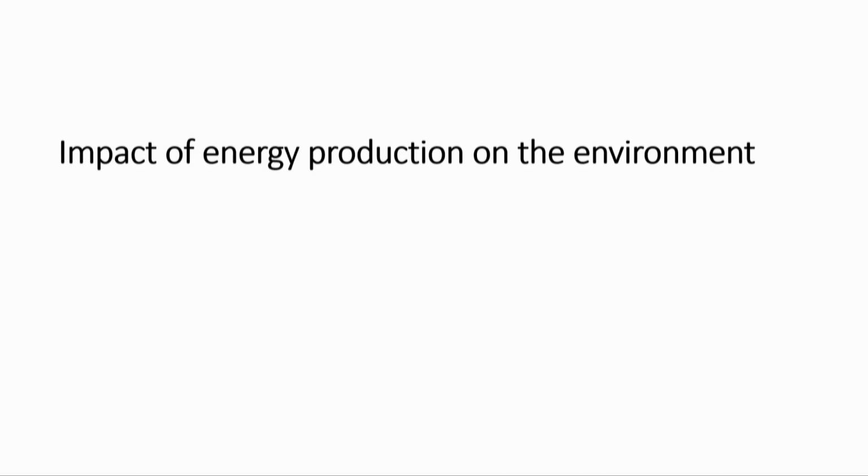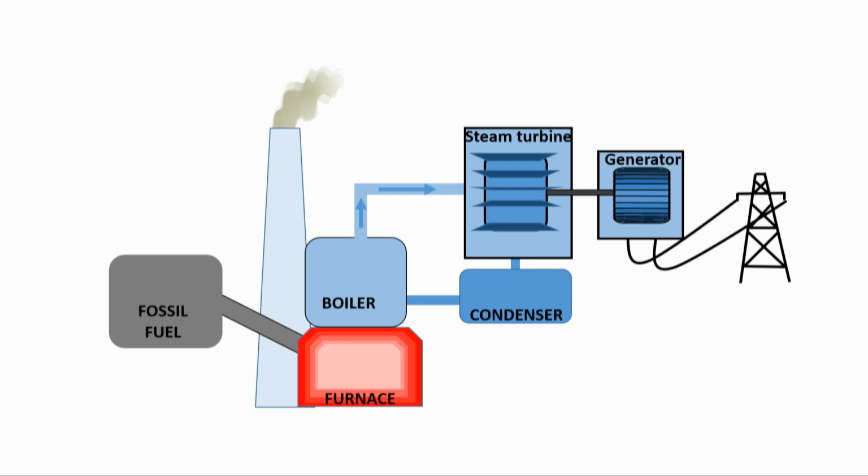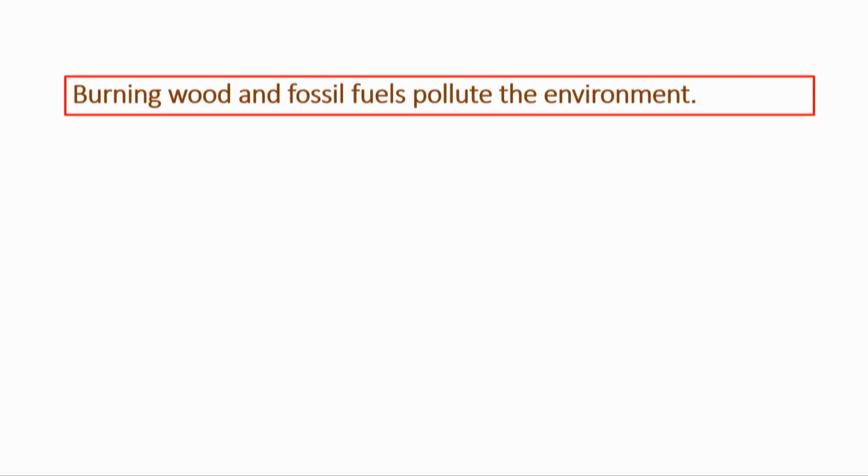Production of electricity using fossil fuels has negative impacts on the environment. When the fuel is burnt, toxic gases are released in large amounts in the atmosphere. Thus, burning wood and fossil fuels pollute the environment.